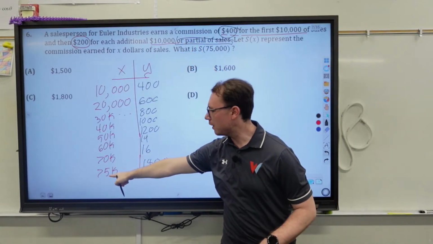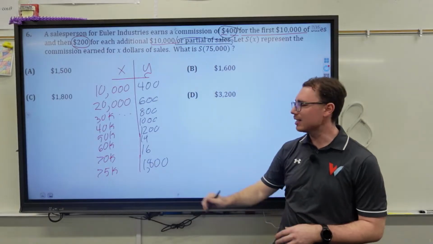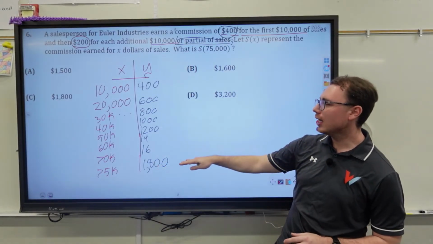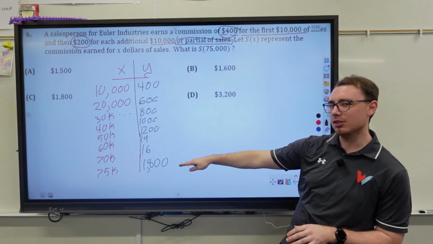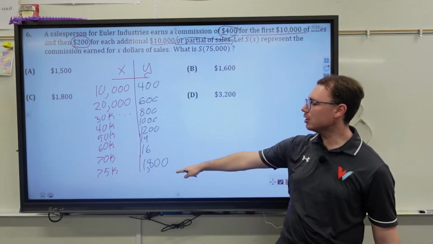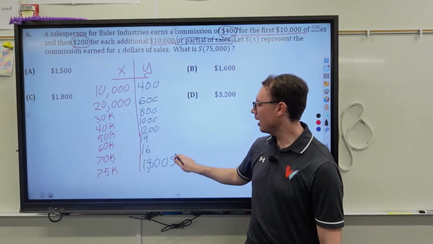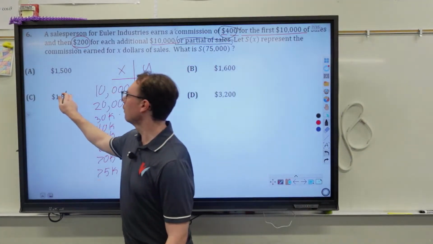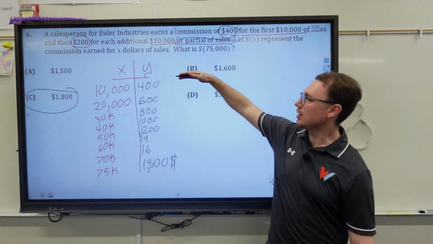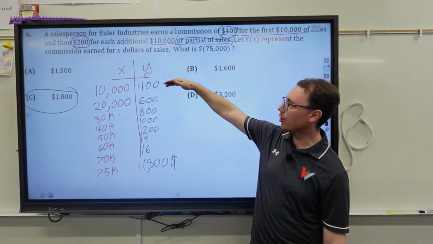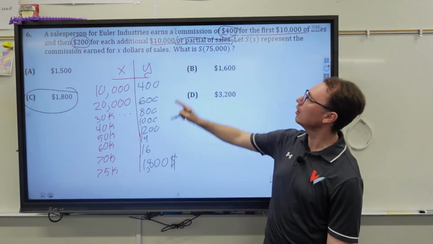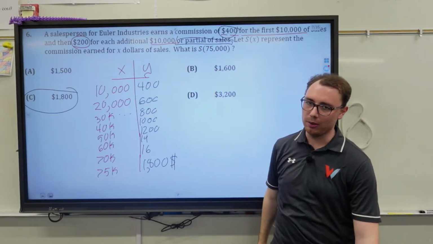So if we gain another $5,000, we're not gaining any more commission from it, but we still end up with the answer of $1,800 here for part C. The two mistakes I made in this one were that the initial value here was $400, not $100, and that this partial sale here still gives us that $200 bonus.